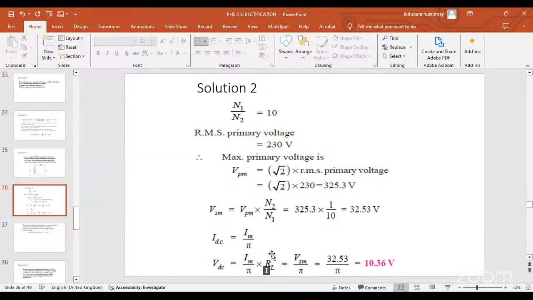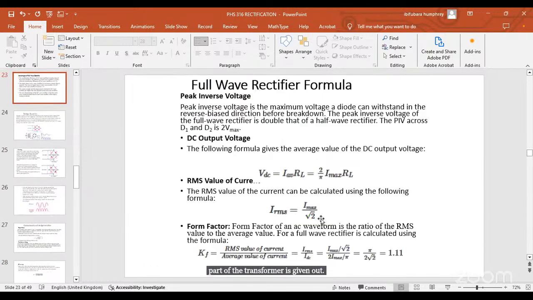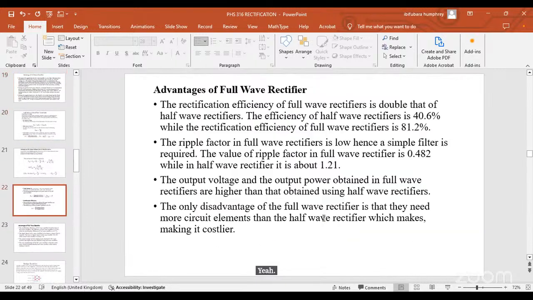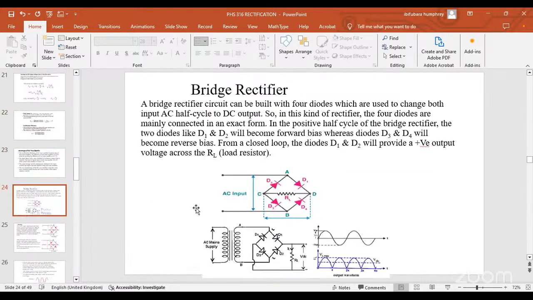Imax RL is what the secondary part of the transformer gives out. At the secondary part of the transformer here, the current that comes through this part is the Imax times the load.